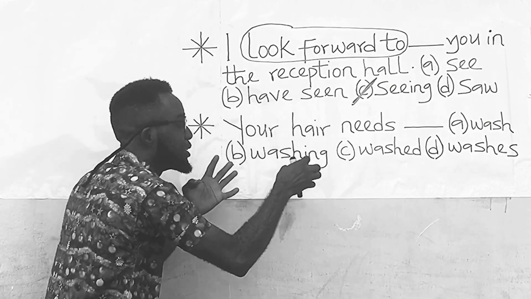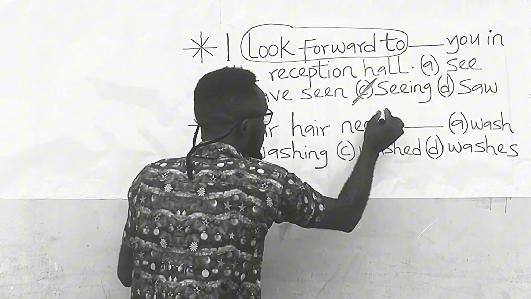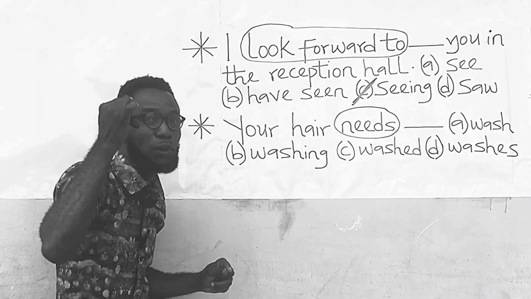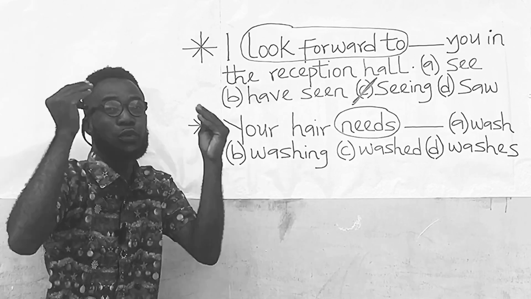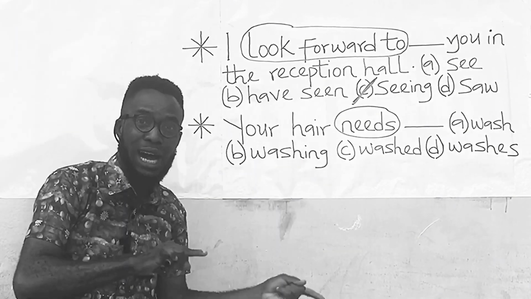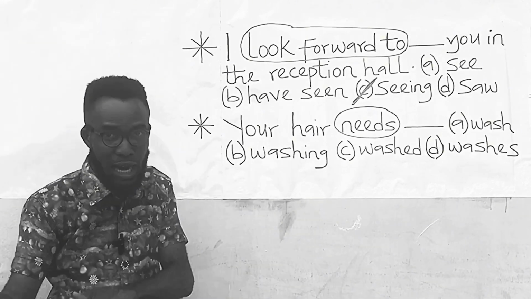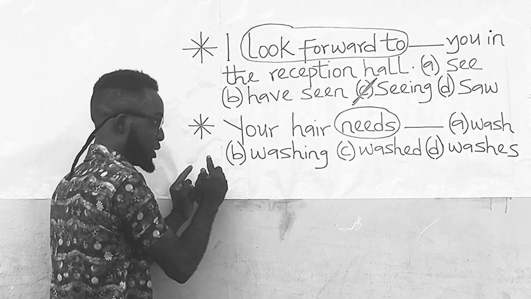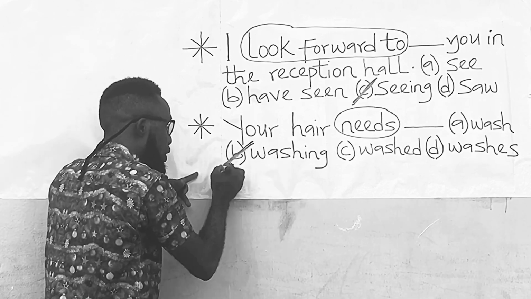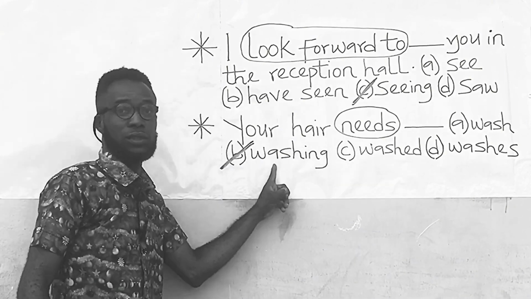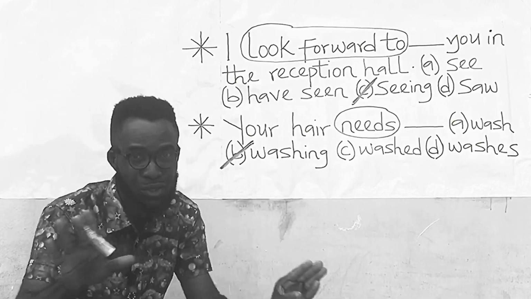Insofar as the question contains the word needs, the gap should be filled with a gerund, a verb that ends with ing, though playing the role of a noun or taking the position of a noun. Therefore, the correct option for this second question is option B. So that the question reads, "Your hair needs washing." I believe this is understood.